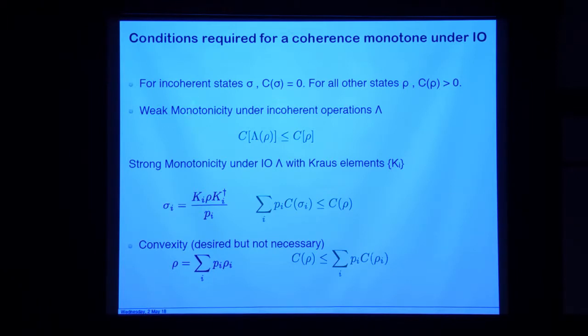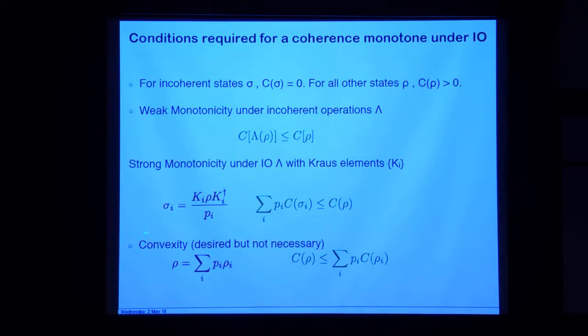There is a condition called weak monotonicity under incoherent operation Lambda: if you apply Lambda on rho, you should never increase the coherence. And there is also strong monotonicity under incoherent operations, which says that if you apply the Kraus operators K_i on rho and you get the states sigma_i, on average again you should not increase the coherence.